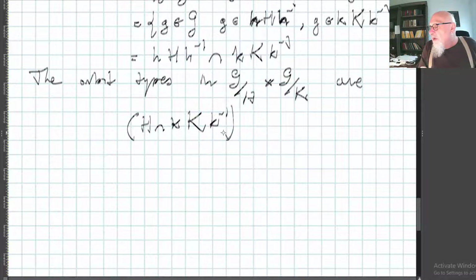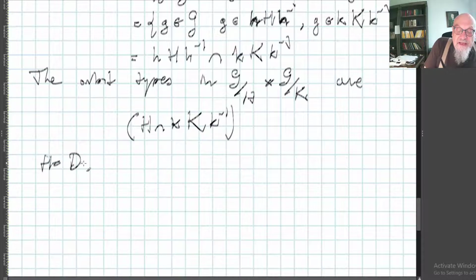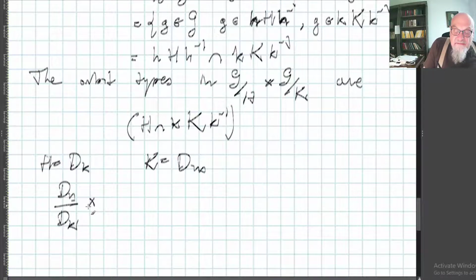So in our case, it is easy to notice. If we have, for example, H equal to D_k and K equal to D_m, so what are the orbit types in D_n divided by D_k times D_n divided by D_m?